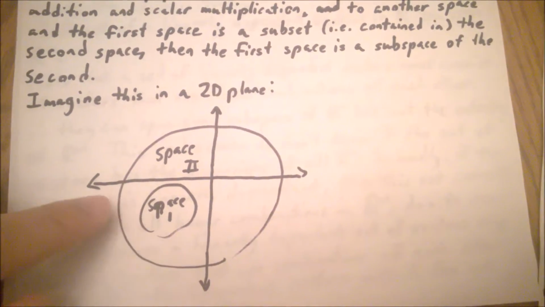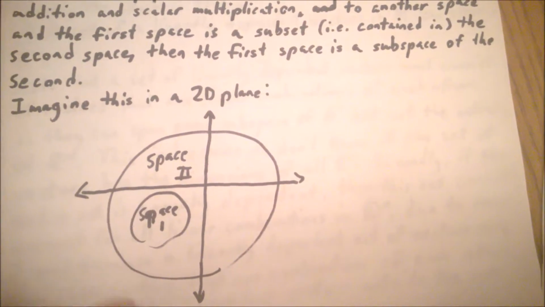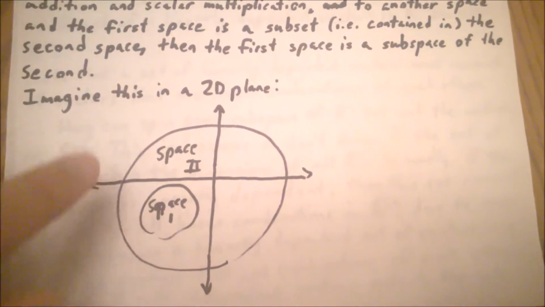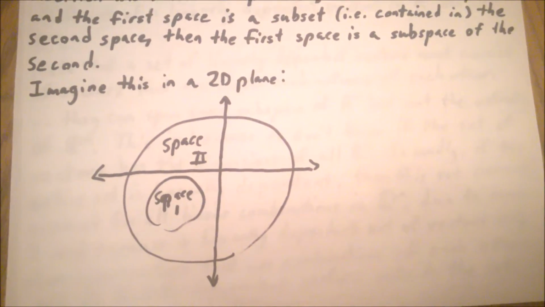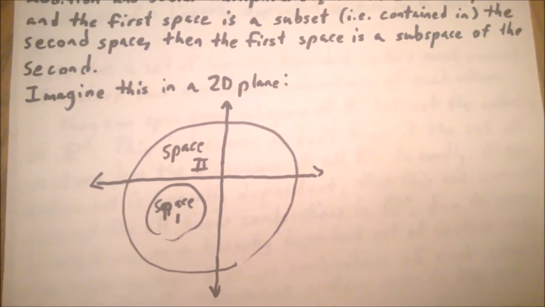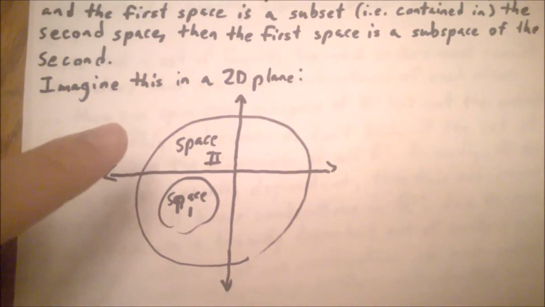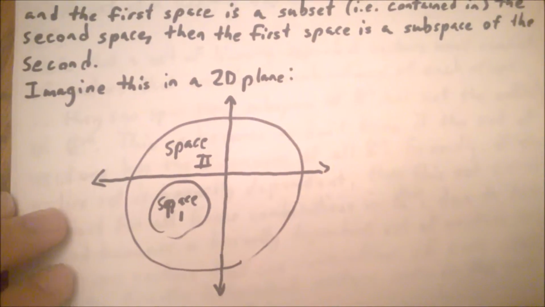And imagine space 1 as being inside of space 2, and everything you can do to the operations in space 1, you can also do to the operations in space 2. So basically what that means is that space 1 is contained within space 2, or space 1 is a subset of space 2. Therefore, space 1 is a subspace of space 2. Okay.